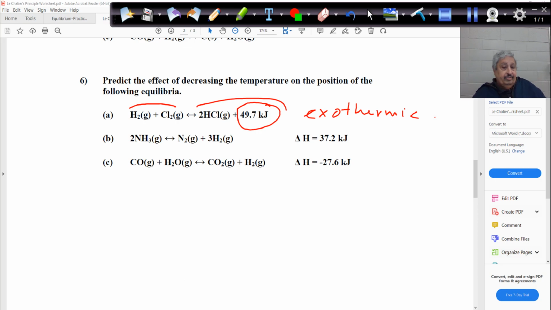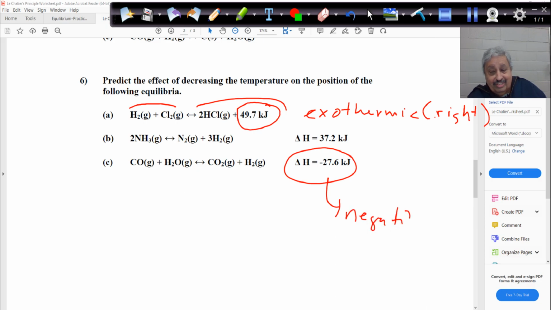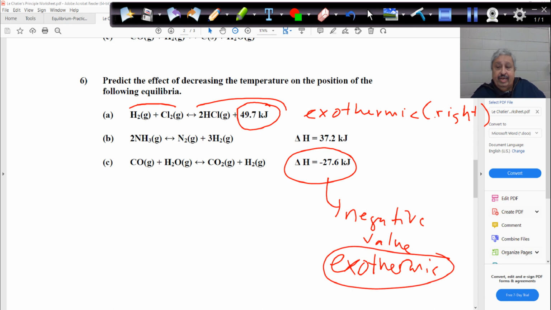Anytime the heat is in the right side, this is an exothermic reaction. If the heat is negative, whether it's in the right side or a negative value, means its heat is given away. So this is still what? Exothermic.